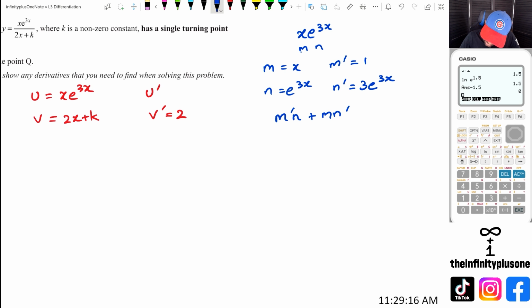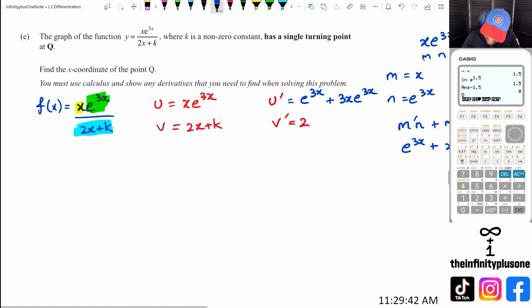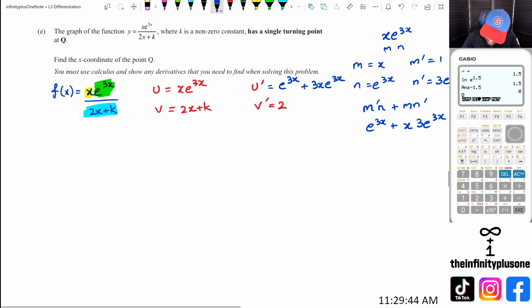So m dash is 1, n is e to the power of 3x, plus m, which is x, n dash is 3e^(3x). So u dash is then equal to e to the power of 3x plus 3x e to the power of 3x. I hope I'm right, because this is one of those ugly looking equations.